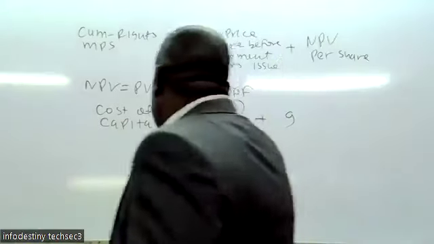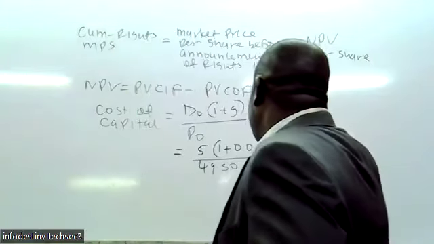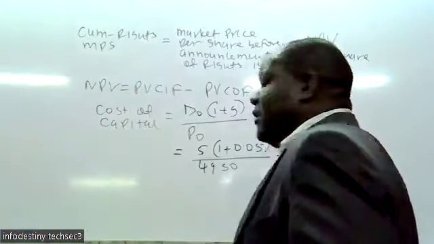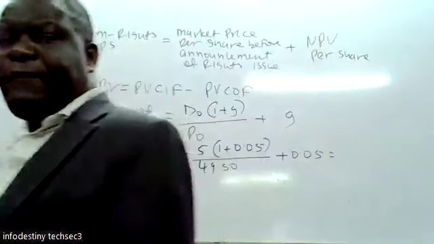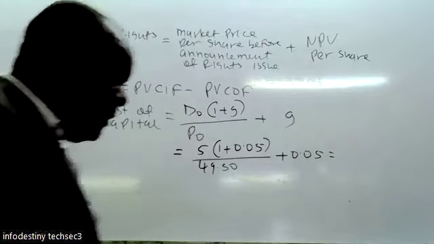So the current price is 49.50. Then you also add 0.05. Express that figure as a percentage, then you give me the percentage.